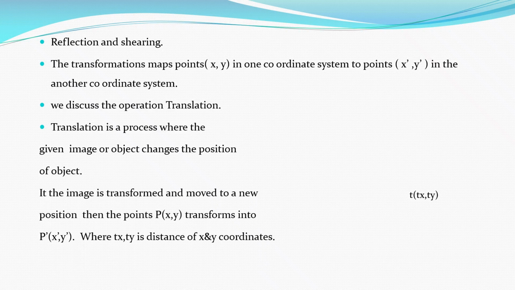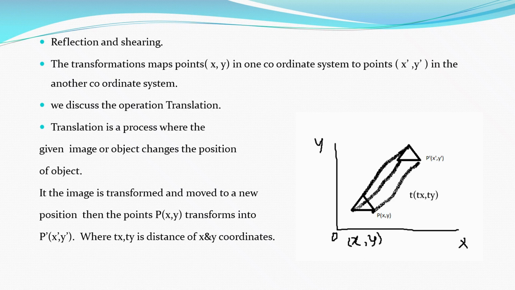The image is moved to a new position. The original point P of xy is transferred to P dash x dash y dash, where T of x, T of y is the distance moved along the x and y coordinates.